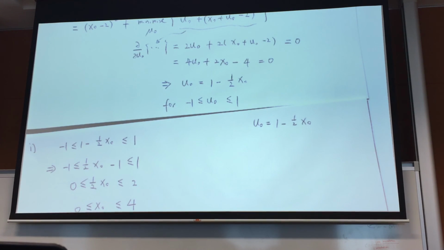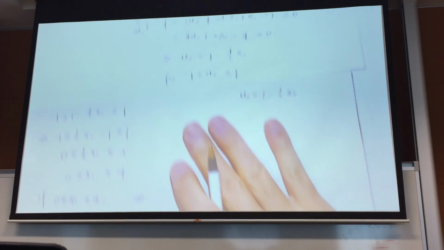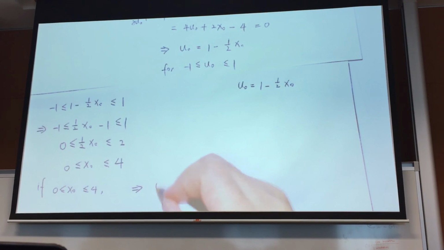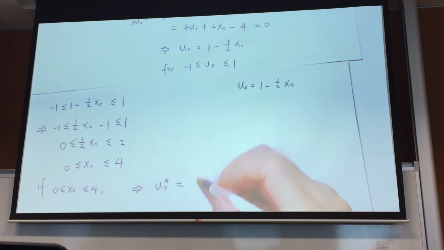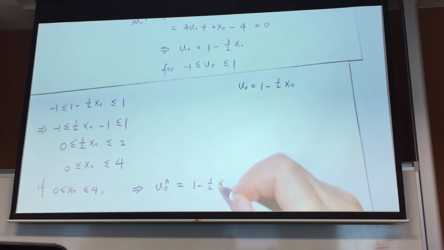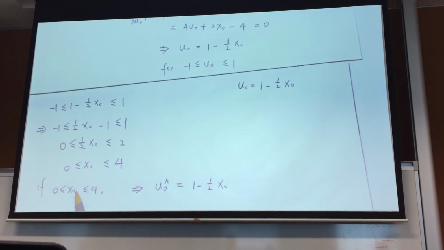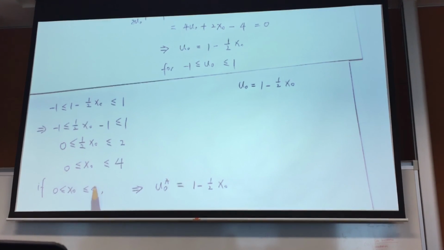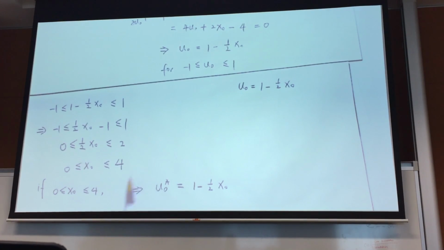So if x0 is between 0 and 4, we have this optimal solution to be 1 minus a half x0. The x0 is the initial state. For example, in our pendulum problem, x0 is the initial position.